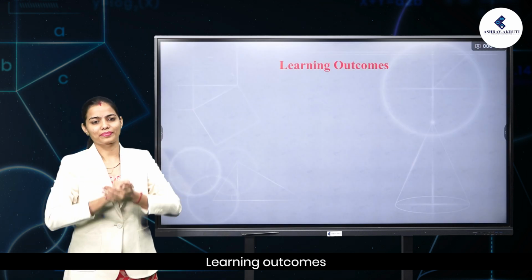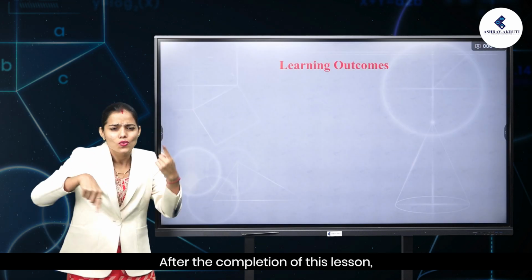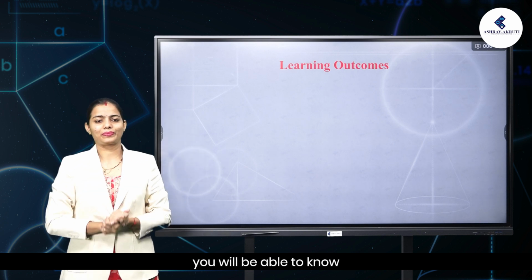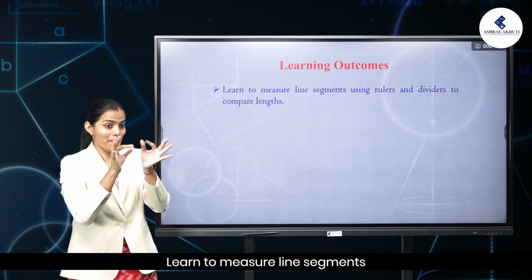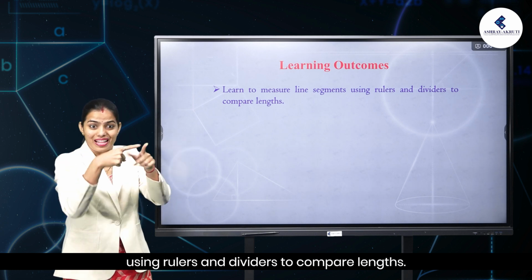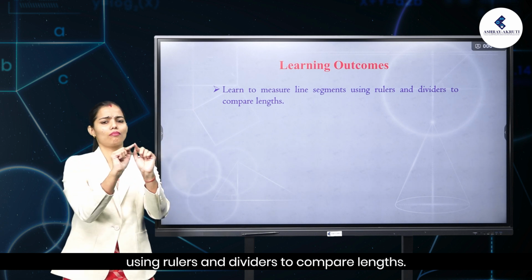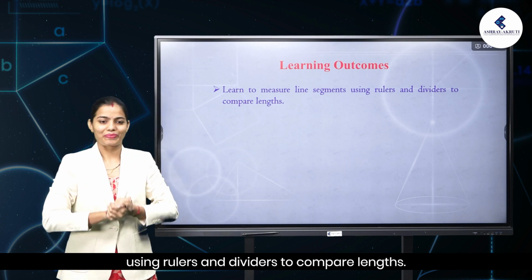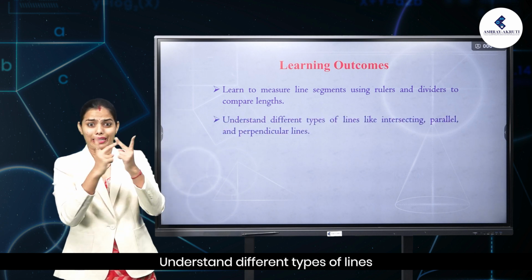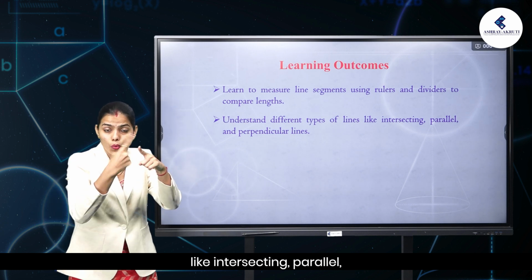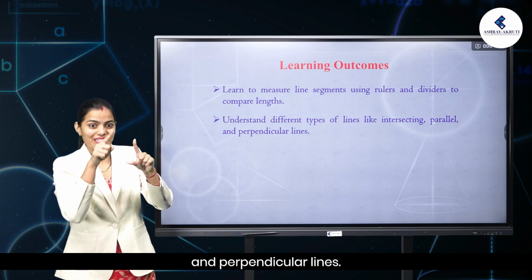Learning outcomes. After the completion of this lesson, you will be able to learn to measure line segments using rulers and dividers to compare lengths. Understand different types of lines like intersecting, parallel, and perpendicular lines.